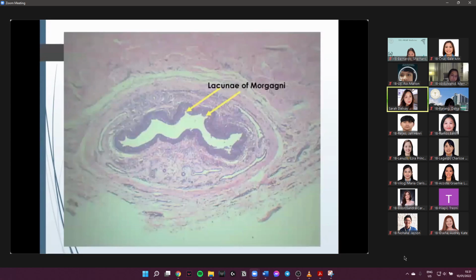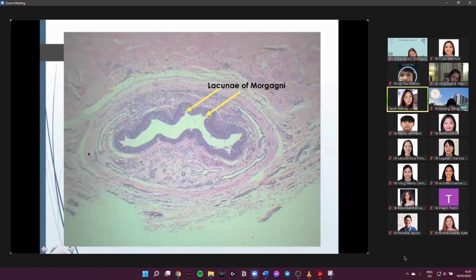So for the male urethra, remember that the male urethra is made up of 3 erectile bodies. You have what we call the corpora cavernosa, where there are 2 of them, and we have the 3rd one, which is what we call the corpus spongiosum. Now, the penile urethra is actually found within the corpus spongiosum.